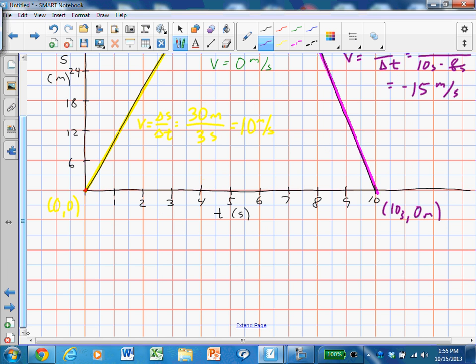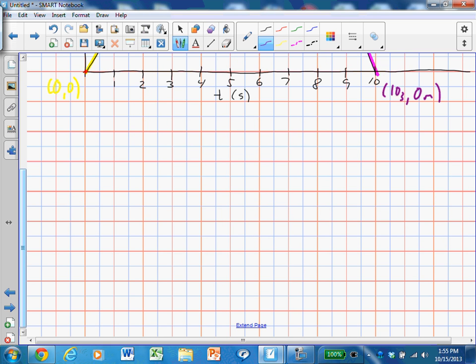And now we could do our velocity versus time graph. Velocity in meters per second. Time in seconds.